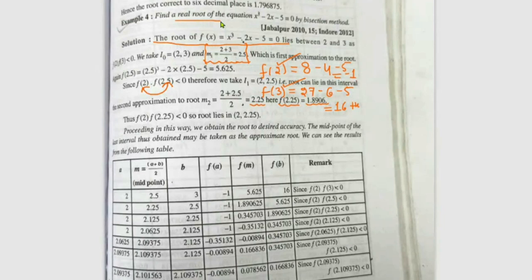So at what step will you get the root? This was the first step, this was the second step, third, fourth, fifth, sixth, seventh. At the seventh iteration, you are getting approximately your solution, right up to two places of decimal. If you truncate this value, it will be 2.110, means up to two or three decimal places you are getting an approximate solution.